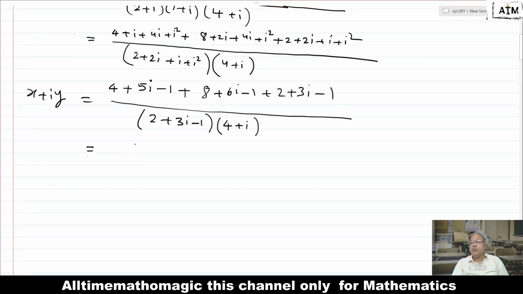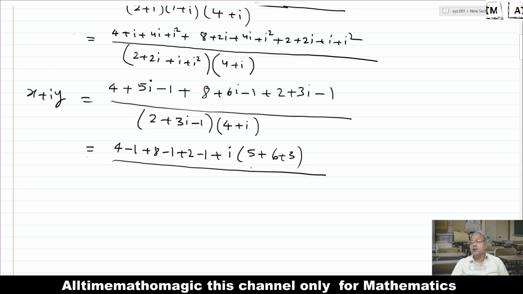Now, bringing all numbers together, here is 4 minus 1 plus 8 minus 1 plus 2 minus 1, and taking i common, 5 plus 6 plus 3. In the denominator, 2 minus 1 is 1, 1 plus 3i multiplied by 4 plus i.